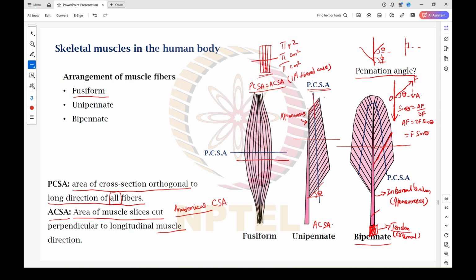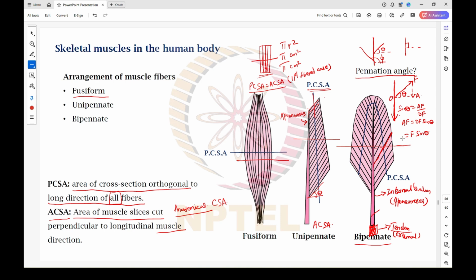So therefore, whatever forces are generated within a fusiform muscle are all transmitted to the external tendon because of how they are arranged. Whereas whatever forces are generated within the muscle fibers of a pennate muscle, a unipennate or a bipennate muscle, the forces that are produced are not necessarily all transmitted to the external tendon.